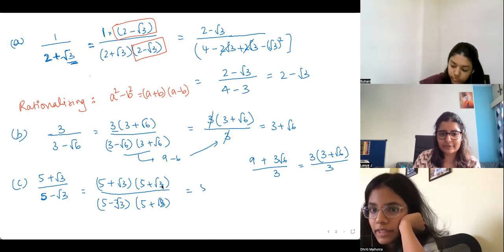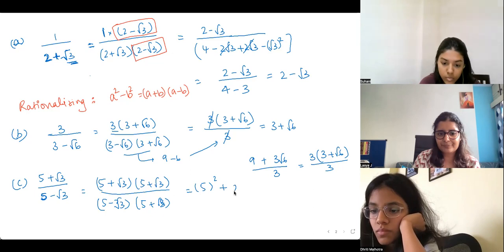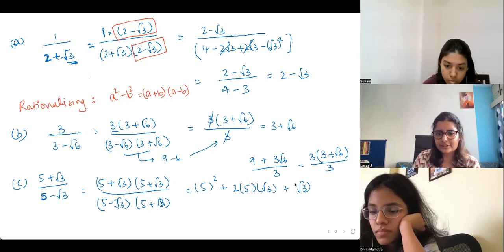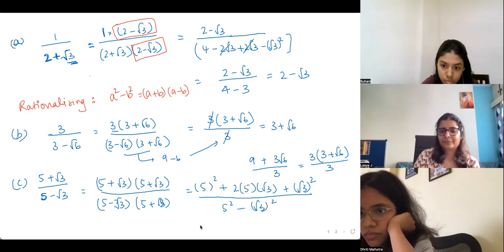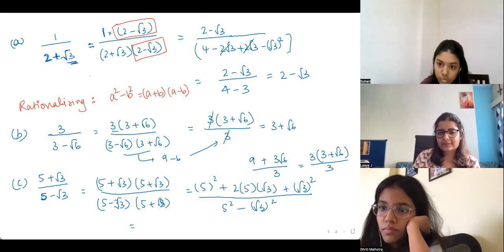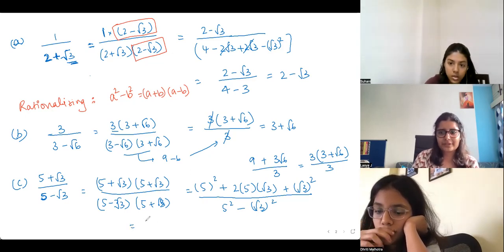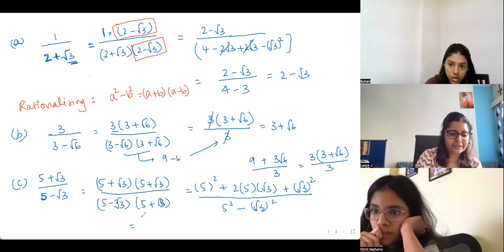The identity square hoga is 5 square plus 2 into 5 into root 3 plus root 3 square. और नीचे भी you have applied the identity 5 square minus 3 square. Okay, इसके बाद, okay, so now multiply and see.